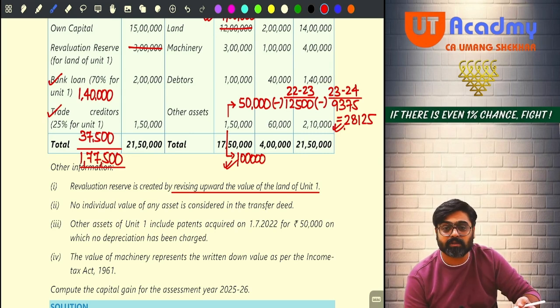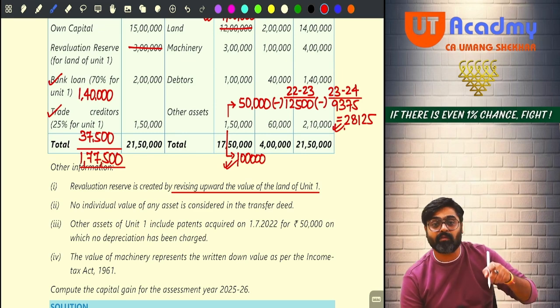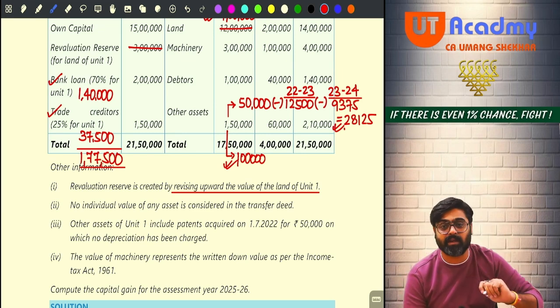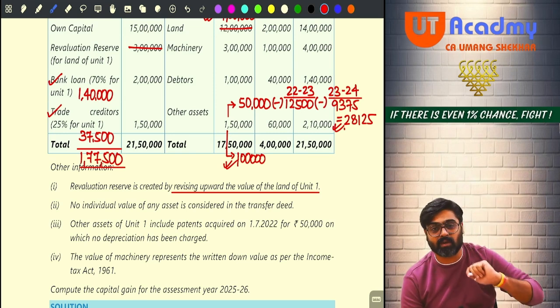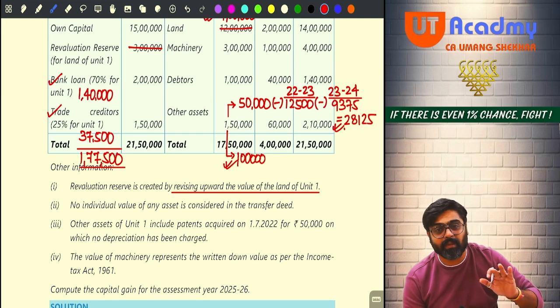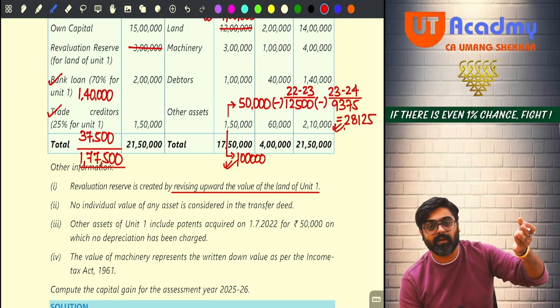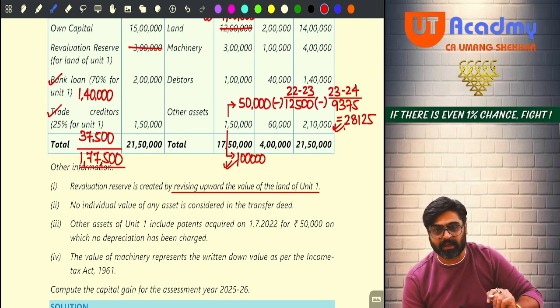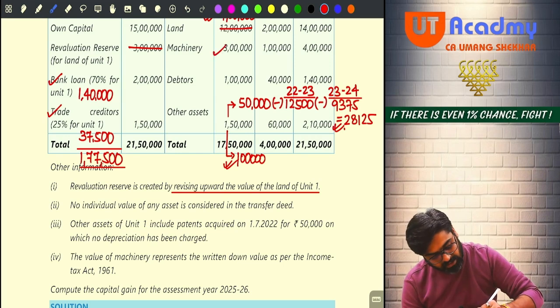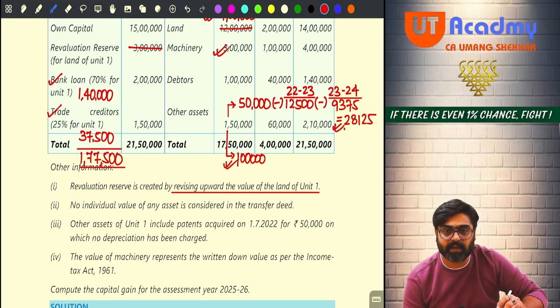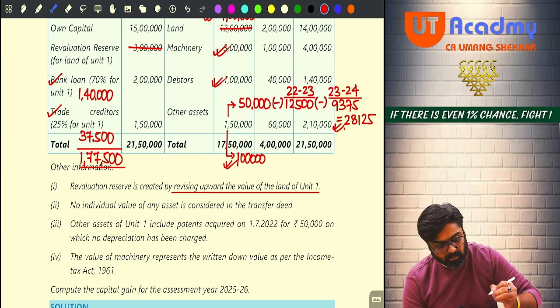If they had given me the book value of machinery and the details for calculating depreciation, I would have calculated the WDV of the machinery also for income tax purpose. But what they are saying is that the value recorded in the balance sheet is the same as the WDV for income tax purpose. So I will directly take this 3 lakh rupees value for the machinery. And debtors will be taken at book value.